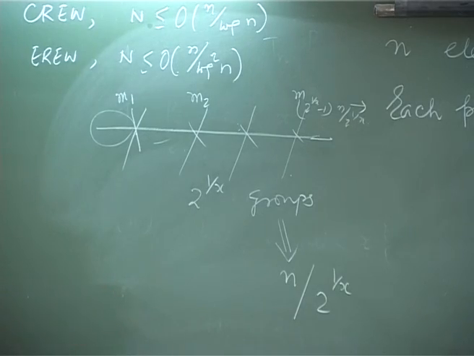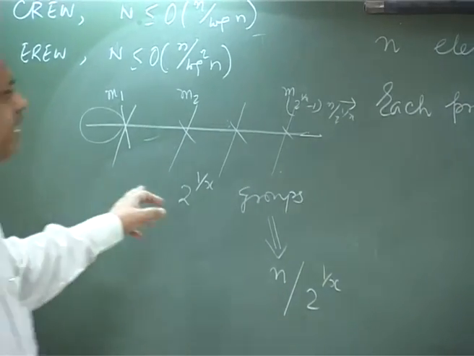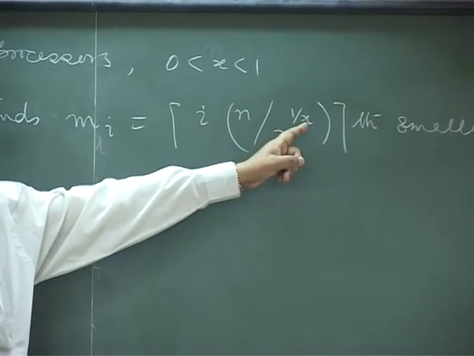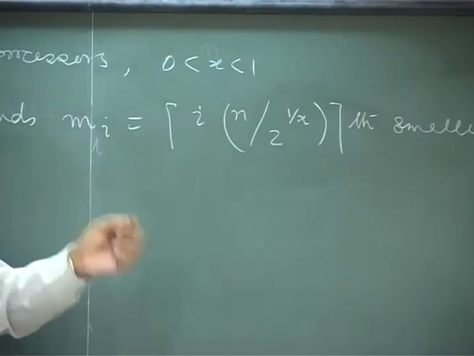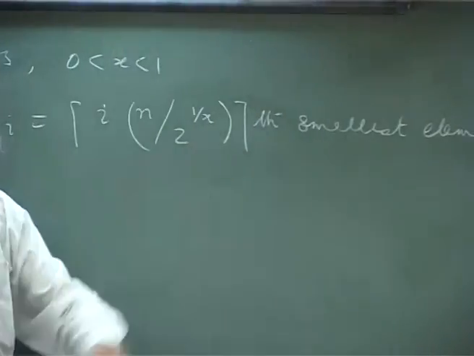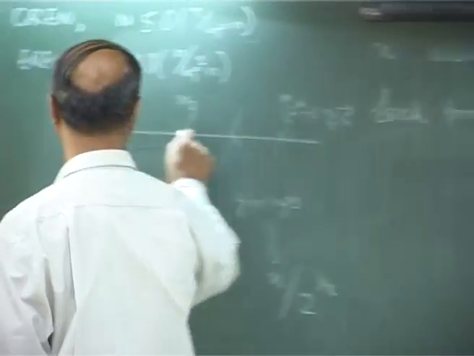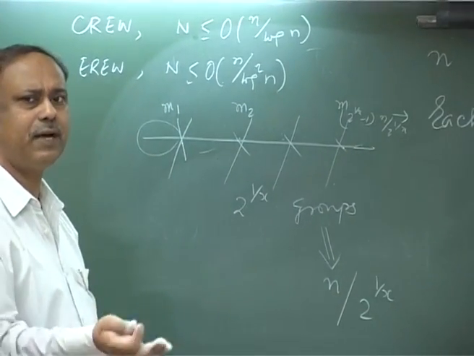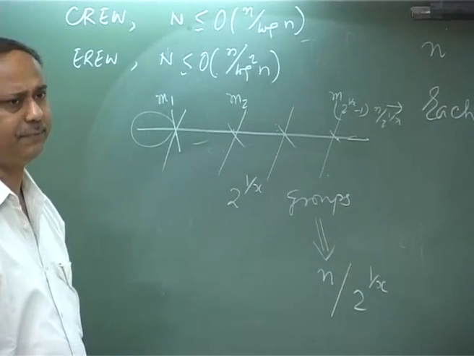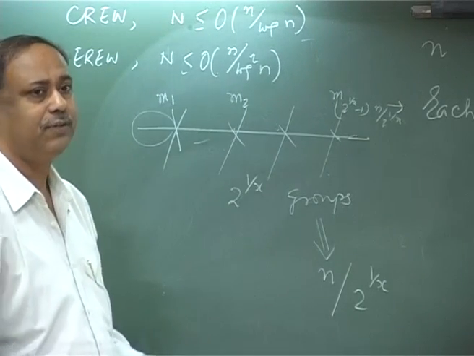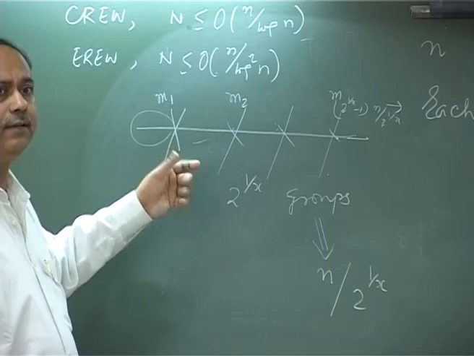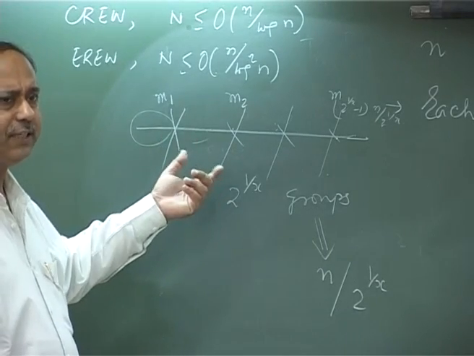Except the last one. See, I am finding the n by 2 to the power 1 by x smallest element, then 2 times n by 2 to the power 1 by x, so these are equidistant. Maybe one element will be on this side or another, because it may not be exactly divisible. But one or two elements plus or minus will be there.